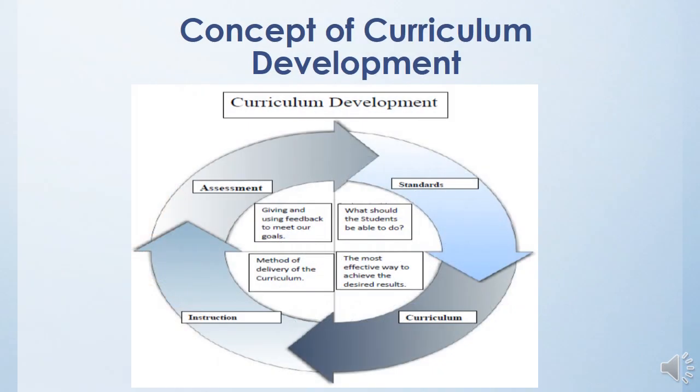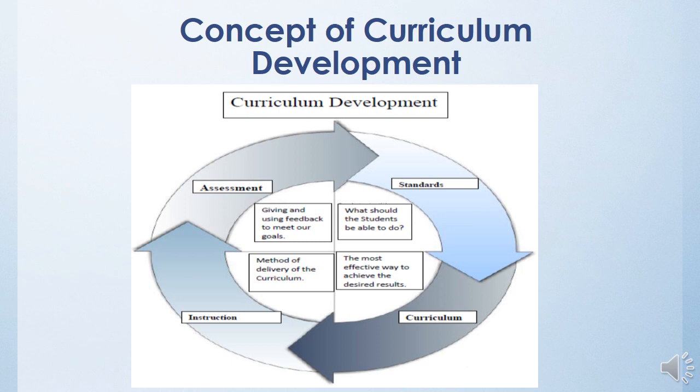I chose a cycle diagram for my curriculum development visual, and that's because I believe that our curriculum starts with the standards, and that's what the students should be able to do when they're done. The standards influence the curriculum, which is the most effective way to achieve the desired results we want.